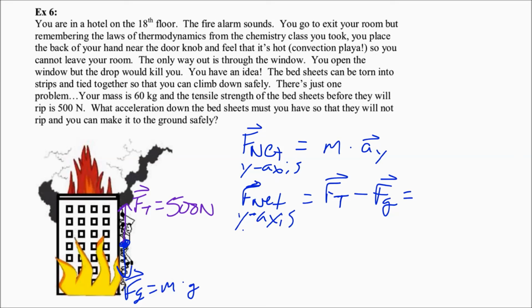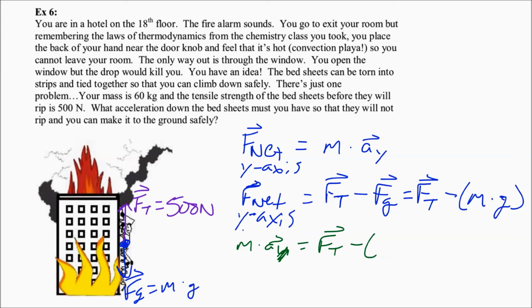Okay, so let's see, that's going to translate into the tension force minus mg. Alright, so now we just want to set those two equal to each other. So we've got mass times the acceleration in the y-axis is equal to the tension force minus mg.